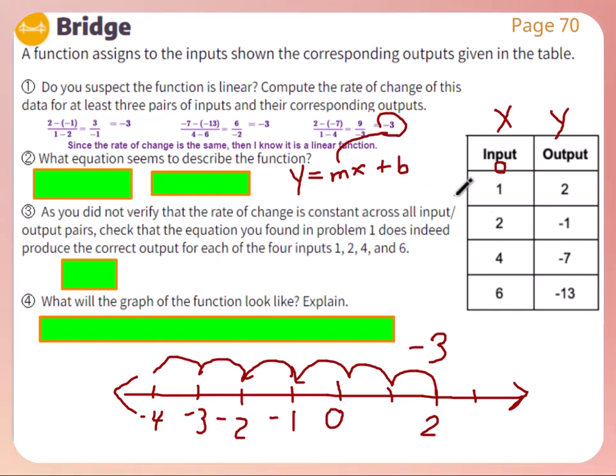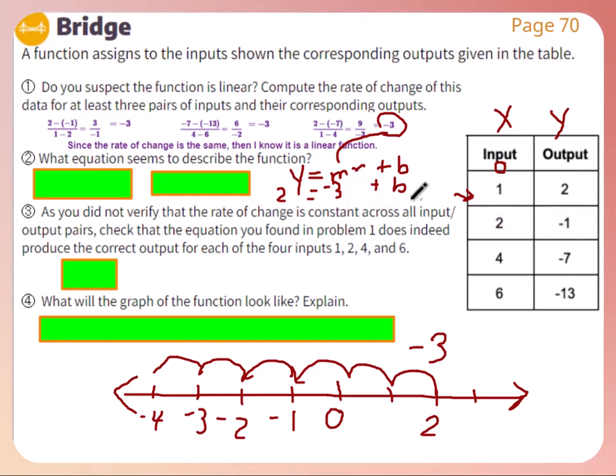So let's just choose that first one. We'll choose 1. 1 is x. Slope is -3. And our y for that first point is 2. So 2 equals -3 times 1 plus b. Okay, -3 times 1 is just -3.